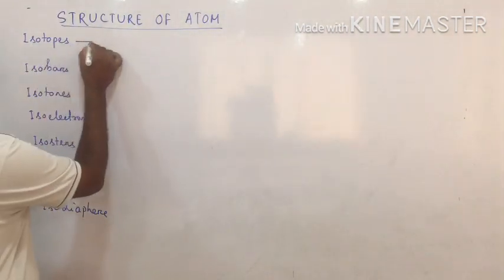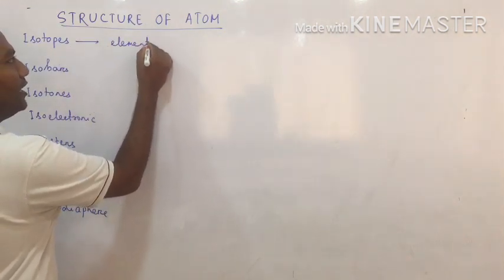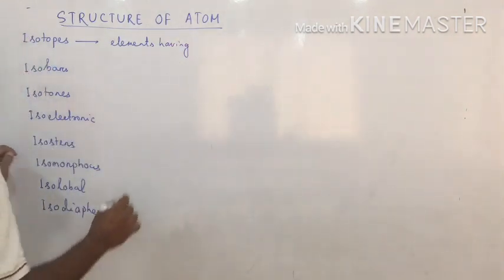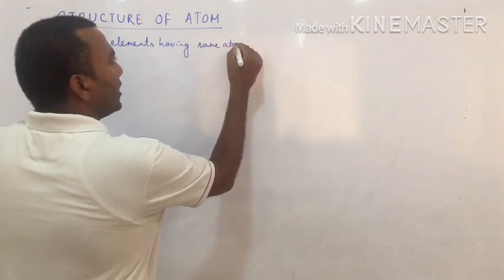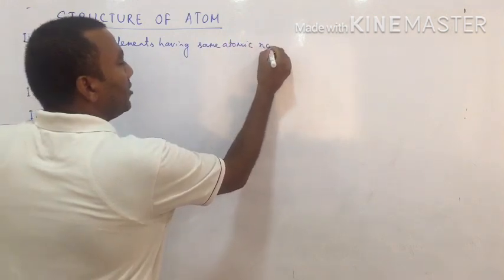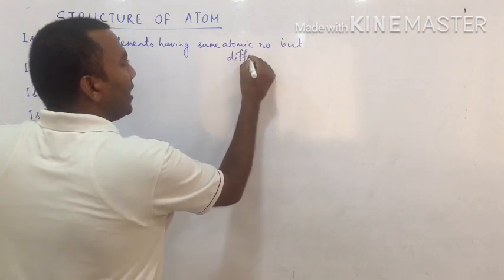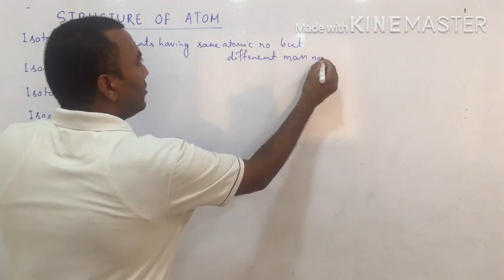Isotopes are elements having the same atomic number but different mass number.